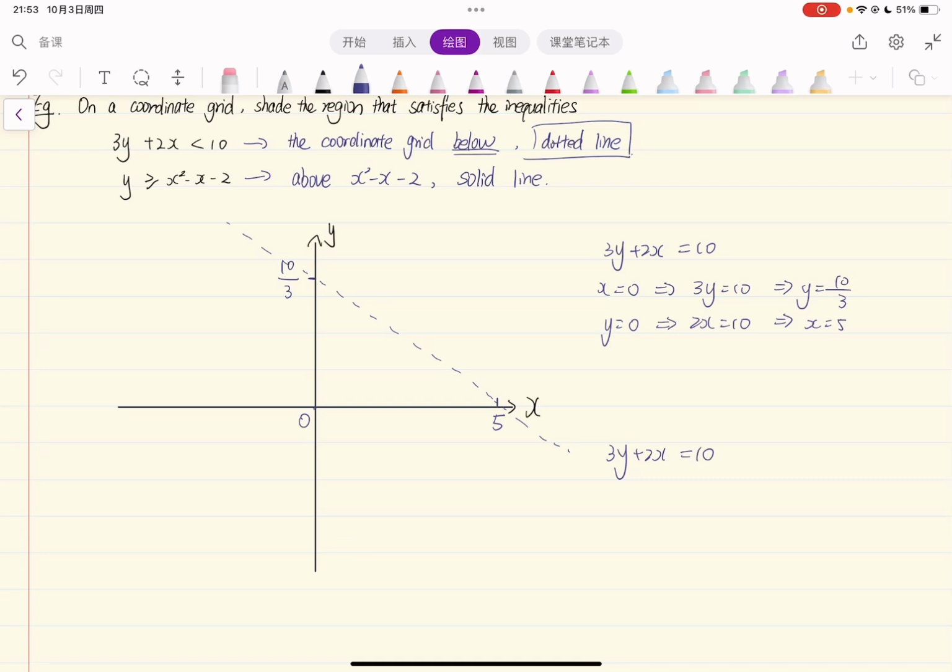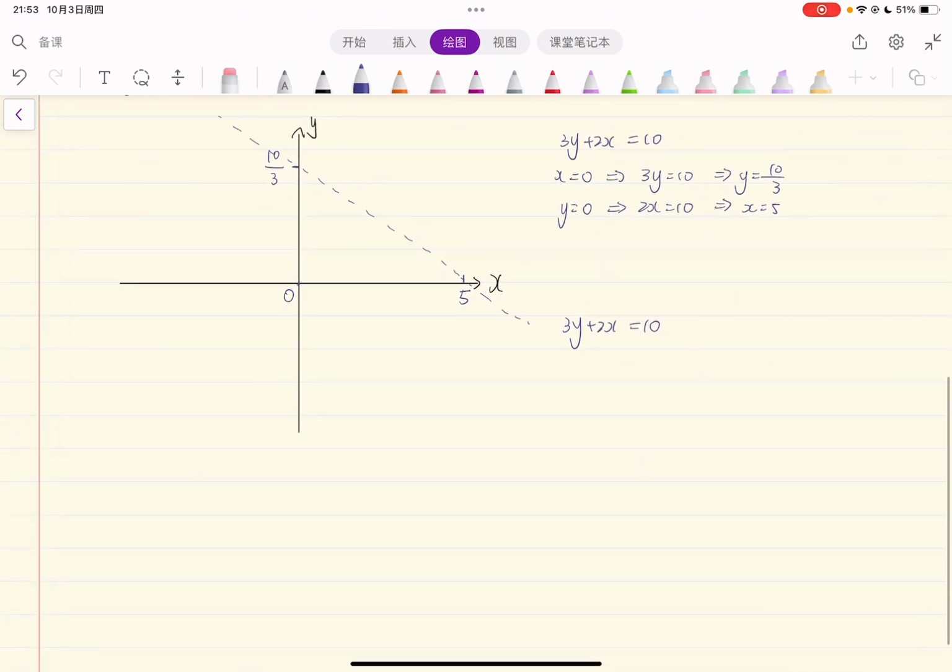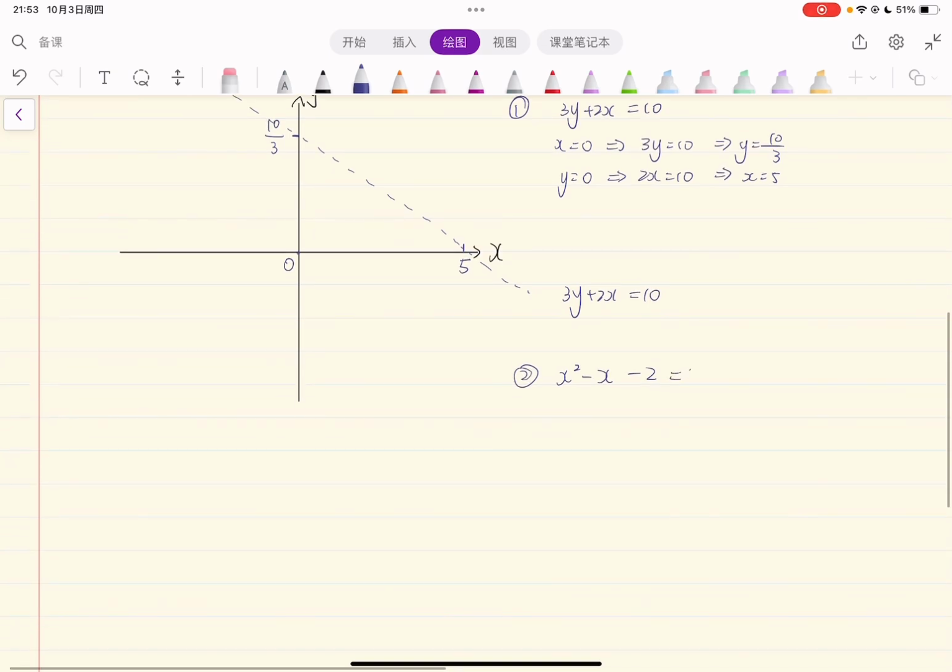For the second one, you need to draw y equals x squared minus x minus 2. This is the first step, and this is the second step. You can factorize it. If y equals 0, we have x squared minus x minus 2 equals 0, which implies that x minus 2 times x plus 1 equals 0.